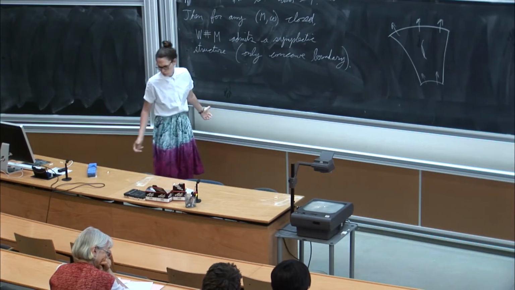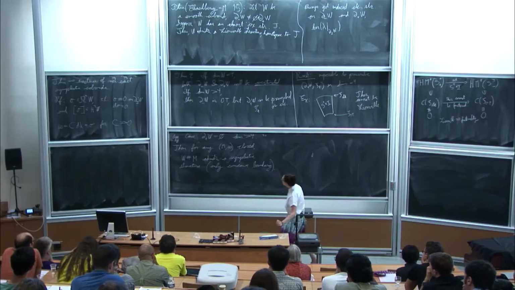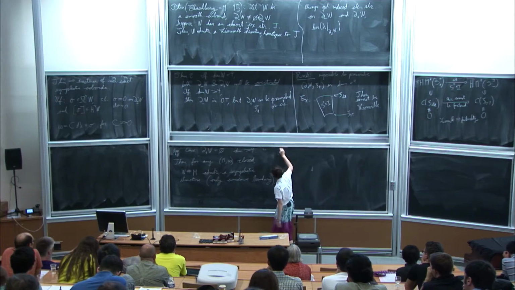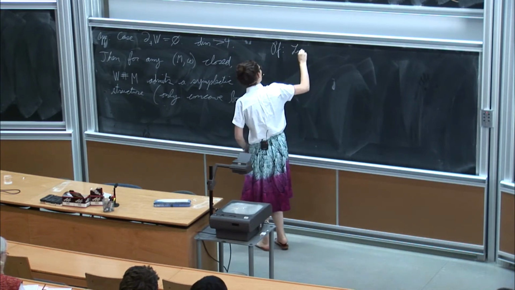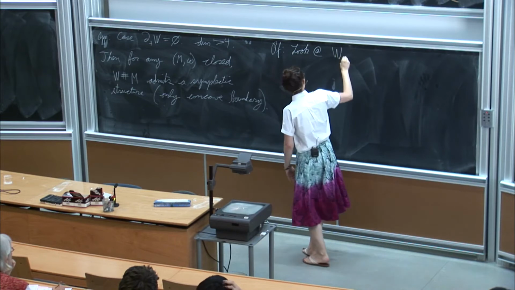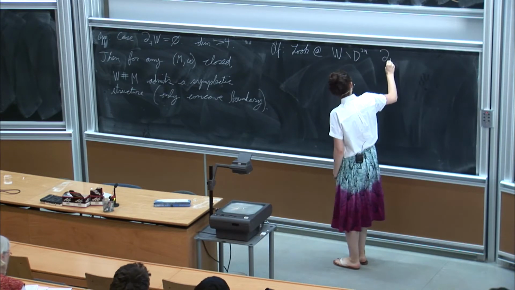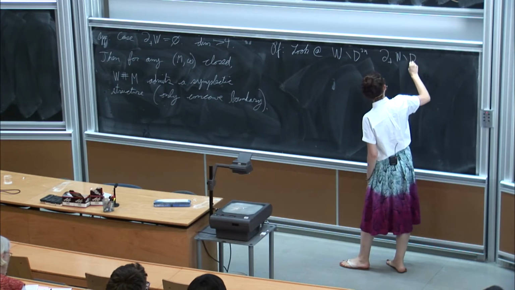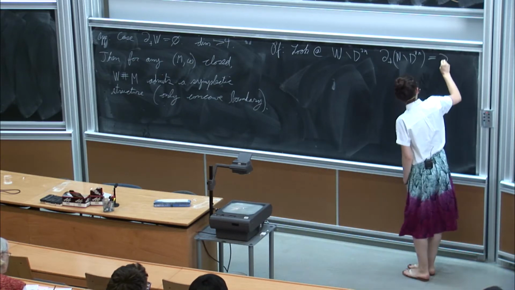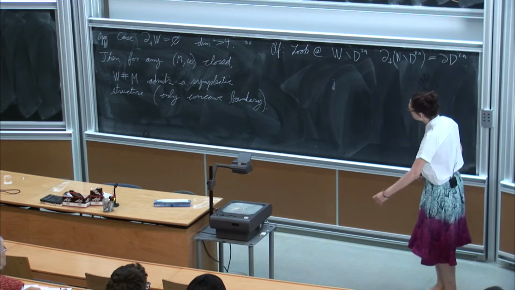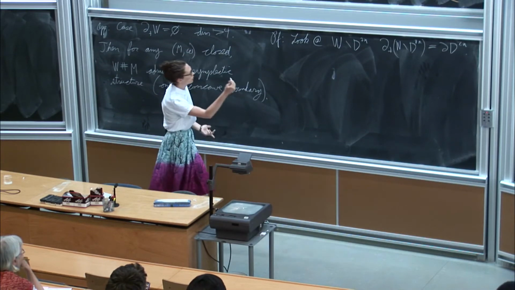So this is again just an immediate, brainless application, but the proof of this, all I need to do is look at W minus a ball, and then define the positive boundary of this thing to be just this sphere. So now apply the theorem.